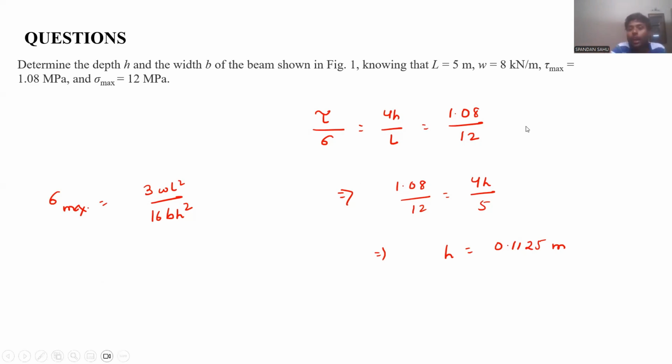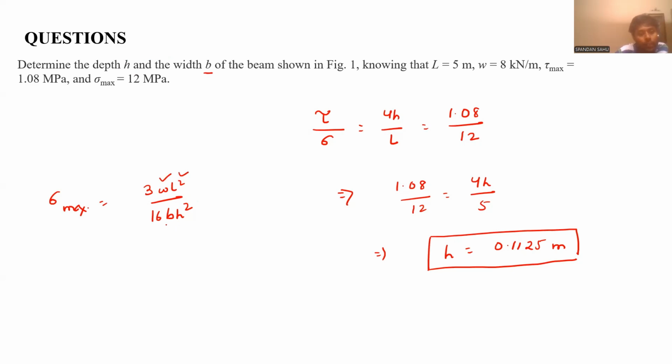Meanwhile, you can try solving this question. We have calculated the H value, which came out to be 0.1125. Now we have to calculate the width B. Substitute every value. We know W, that is 8 kilonewton per meter.